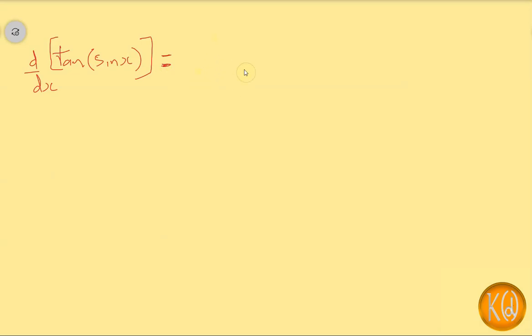So the result is basically sec squared of sin x, and all of this will be multiplied by the derivative of sin x, which is cos x. So your result should be cos x sec squared sin x, right?